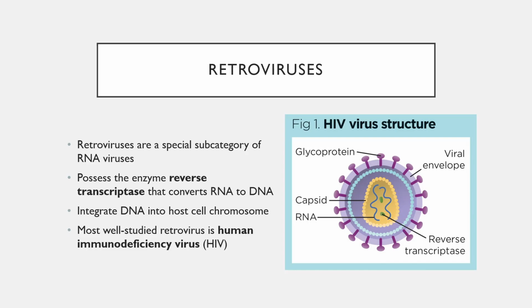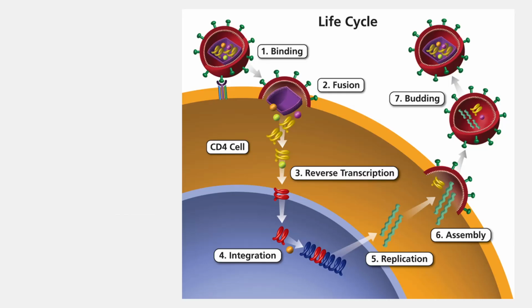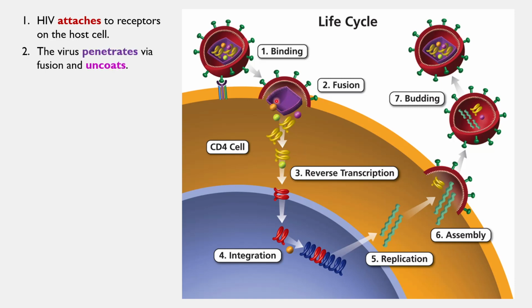On the screen here, you can see a depiction of the life cycle of a retrovirus. So let's walk through the steps. If this is the HIV retrovirus, the first step is to attach to the receptors on the host cell. After that, the virus penetrates via fusion and uncoats its capsid to release its RNA and its reverse transcriptase enzymes into the cell.